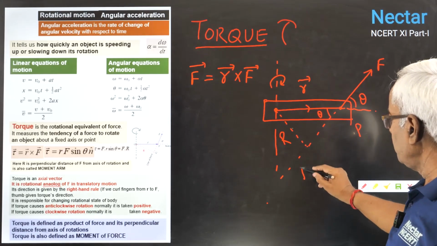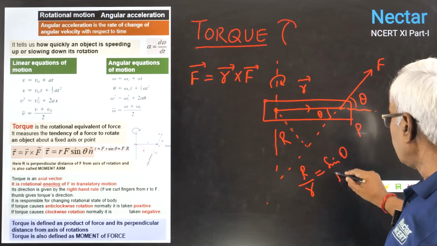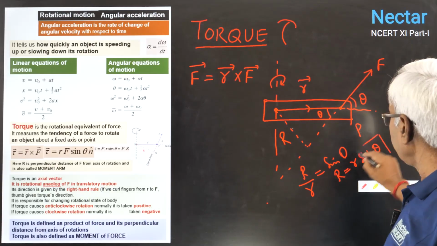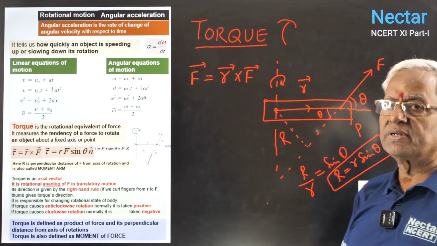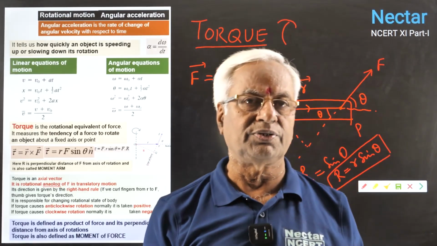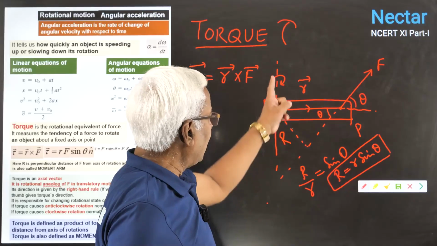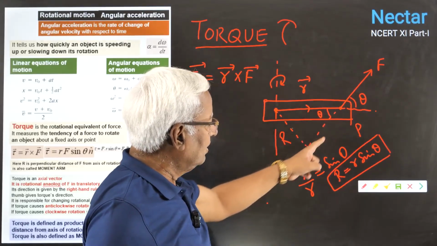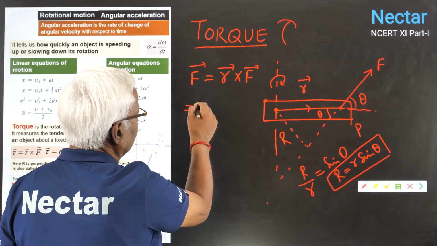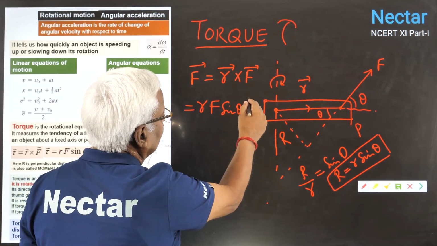From that point of view, you find R upon r equal to sine theta, so capital R equals r sine theta. Capital R is called the moment arm. This is also known as the perpendicular distance of the axis of rotation from the force. If you elaborate this relation, you find r F sine theta.